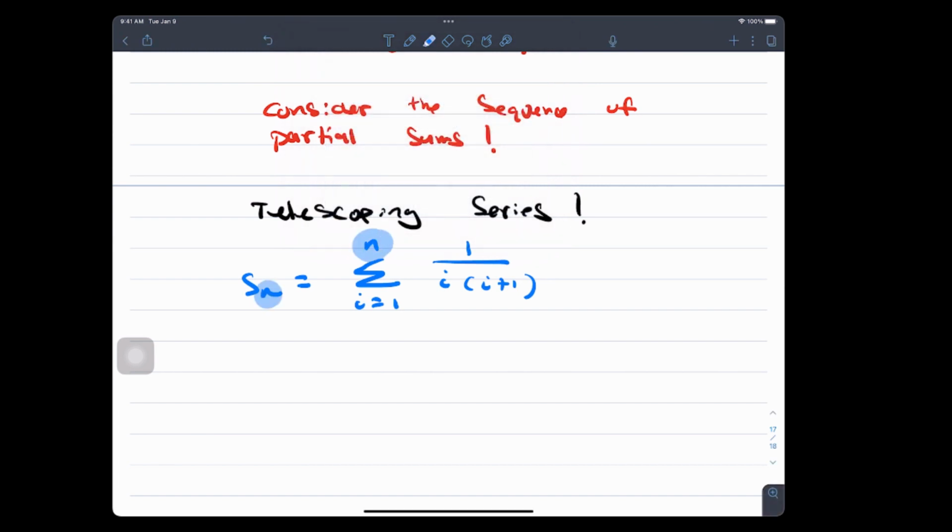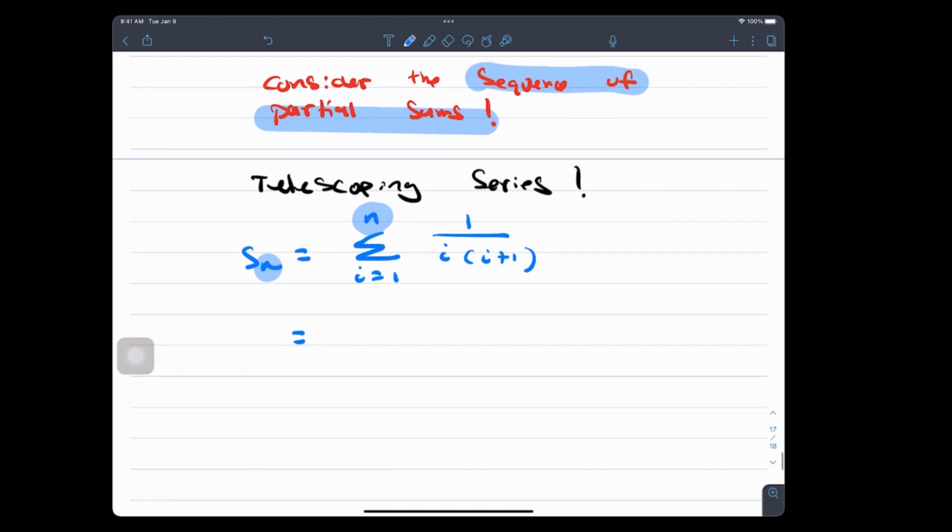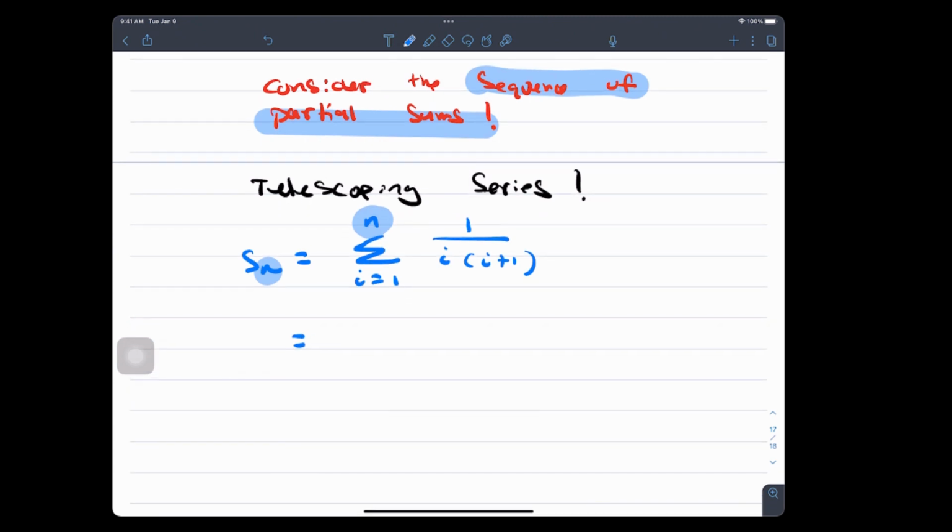That's the sum of the first n terms. This is the sequence of partial sums, the very famous sequence of partial sums. We're going to have to go back and use the definition, which is code for going back to your definition of what it means for a series to converge. Now, let's look at the terms.